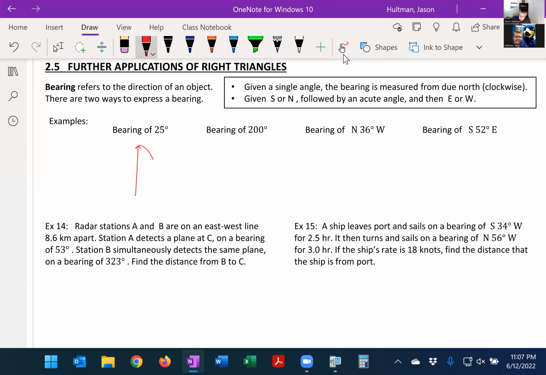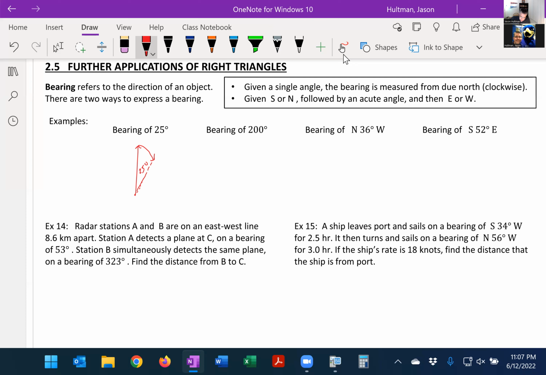Given a single angle, the bearing is measured clockwise, the opposite direction than what we're used to, clockwise from north. We take that angle clockwise 25 degrees. So that's a bearing. It's a little different than how we've been measuring angles, because we've been doing them counterclockwise, and we start from the x-axis.